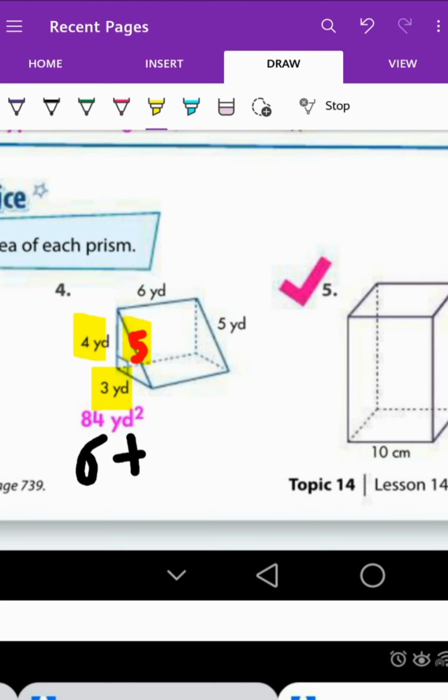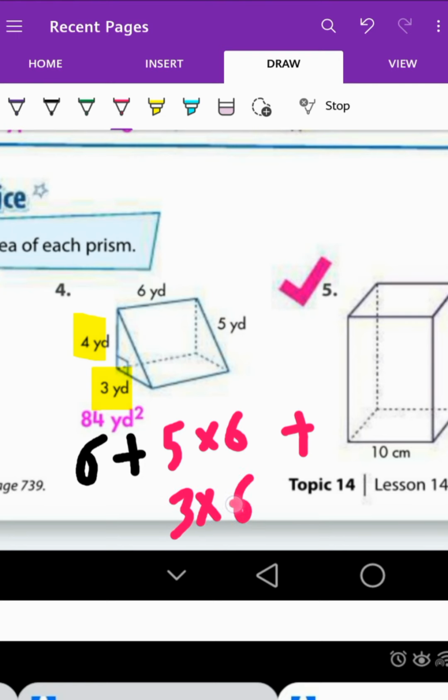Multiply 5 multiply 6 plus 3 multiply 6 plus 4 multiply 6.